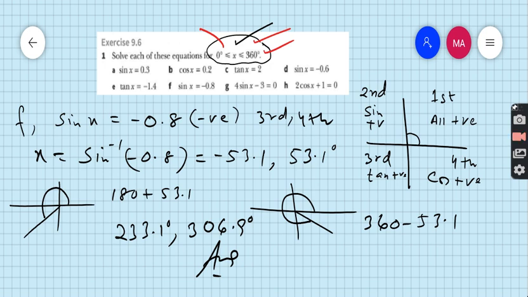This is the final answer, 233.1 and 306.9. Come to part G.